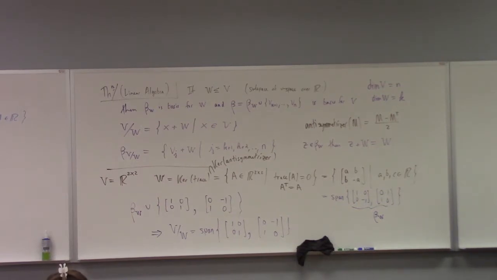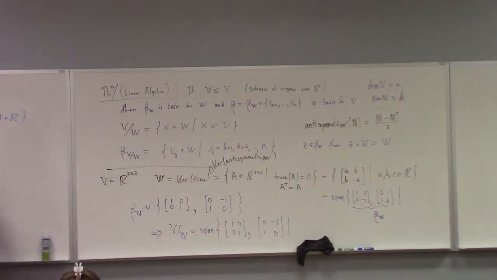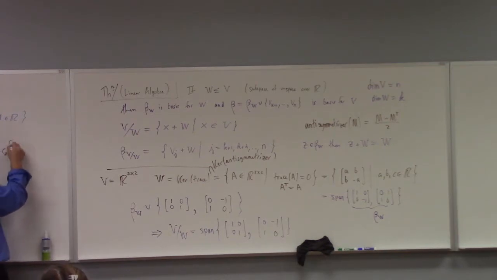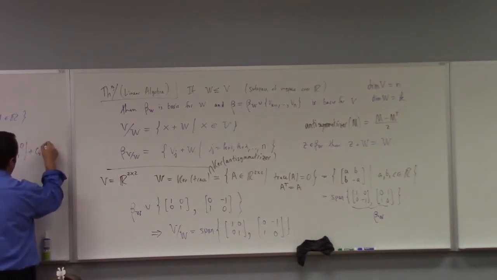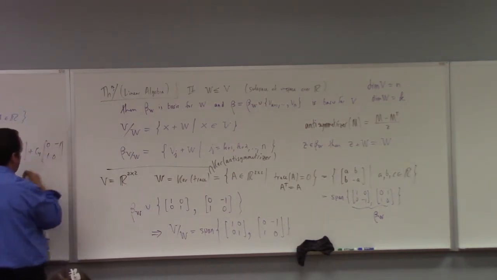But to really understand this, I would need to find A, B, C, D equals C1 times, well, how am I going to order this basis? I guess I'll do the beta W first: 1, 0, 0, minus 1, plus C2 times 0, 1, 1, 0, plus C3 times my identity matrix, plus C4 times 0, minus 1, 1, 0.